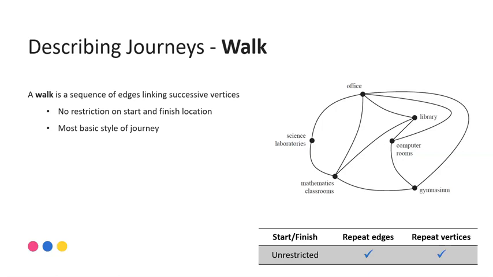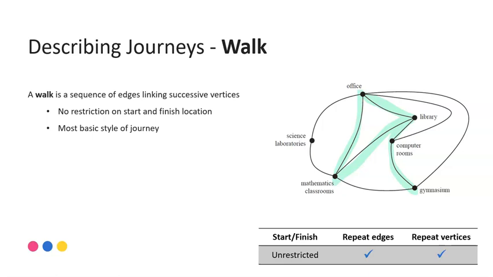I might walk just straight there, or I might go via the library and the computer room to the gymnasium. Or I might go to the library, go to the maths classroom, and then realise I forgot something from my office, so I go back, go to the library again, computer room, and gymnasium. So there is no restriction there.